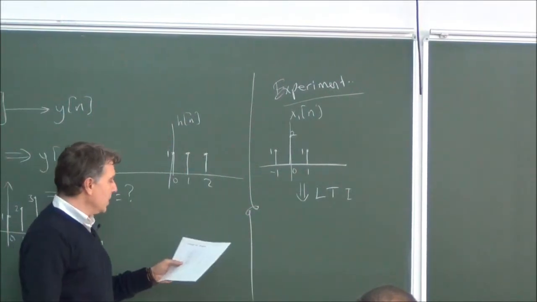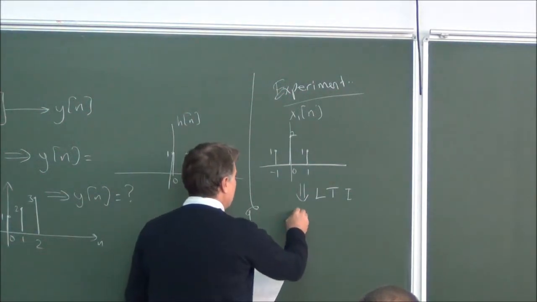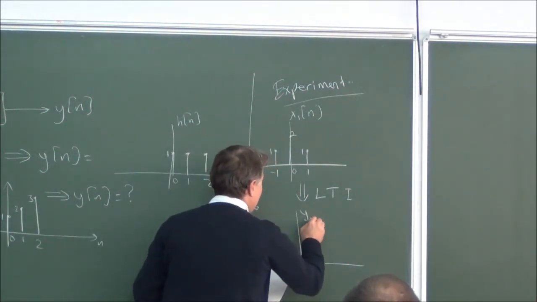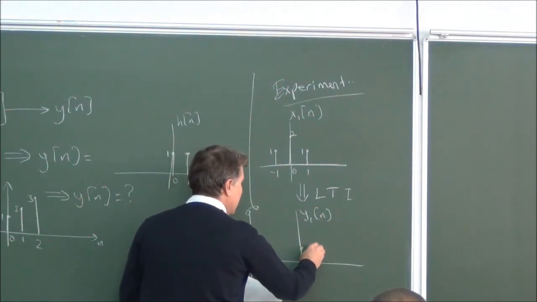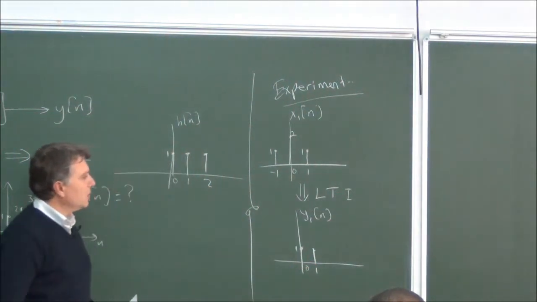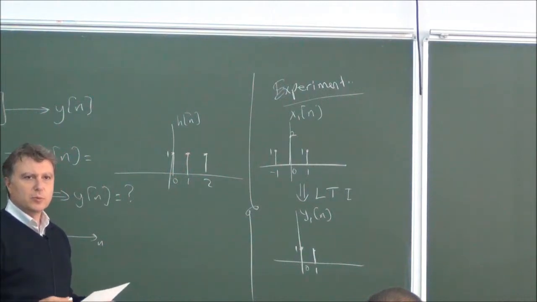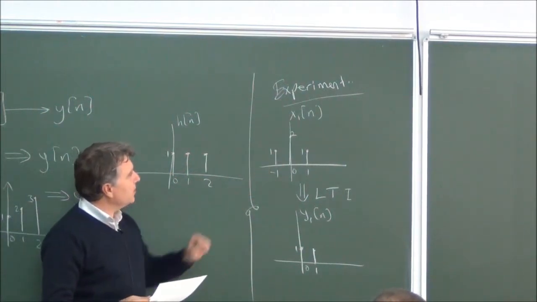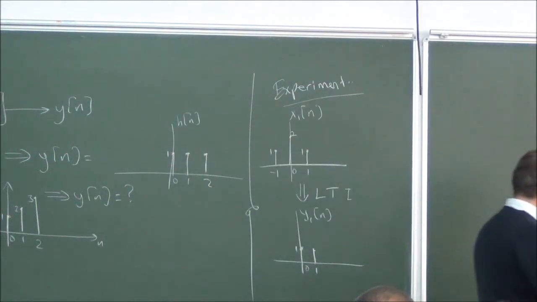The output to this input is observed to be y1 of n, which is 1 and 1 at 0 and 1. This is an input-output relation that we observe at the end of this kind of experiment.